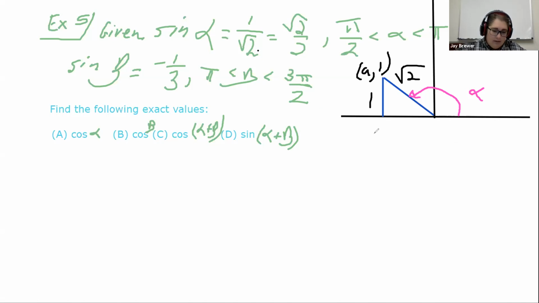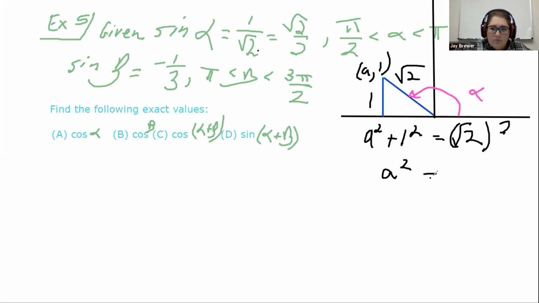So we have to find the distance. We know that the distance from A1 to 0, 0 is the square root of 2. So we know that A squared plus 1 squared equals radical 2 squared. So then A squared equals what?